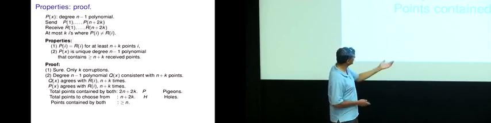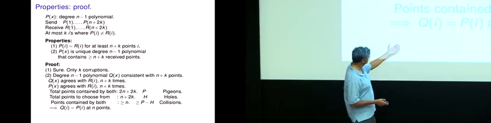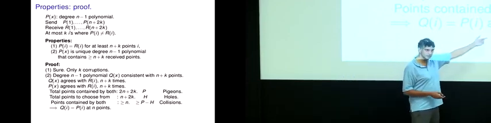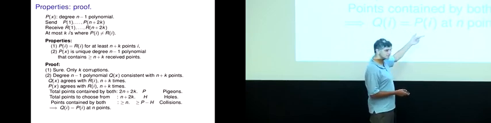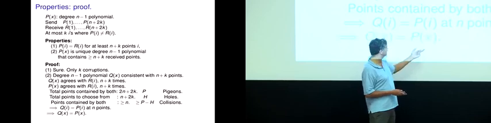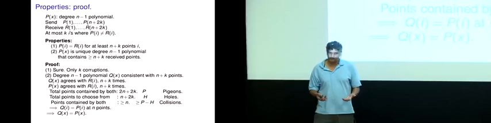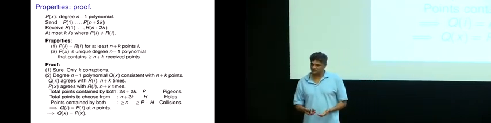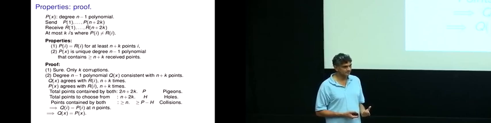So now we have degree n minus 1 polynomials that agree at least at n points. If these 2 polynomials agree at n points and have degree n minus 1, what must they be? The same polynomial. There's a unique polynomial of degree n minus 1 that goes through n points. Right? So that's the proof.